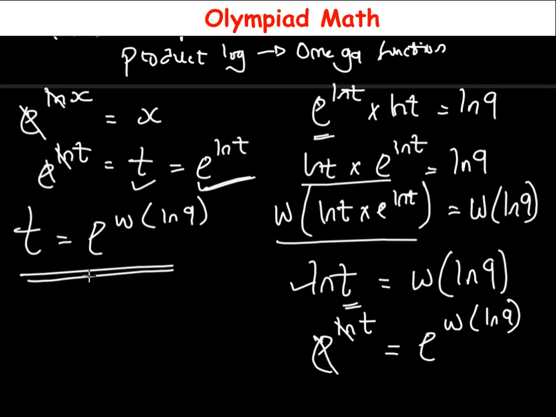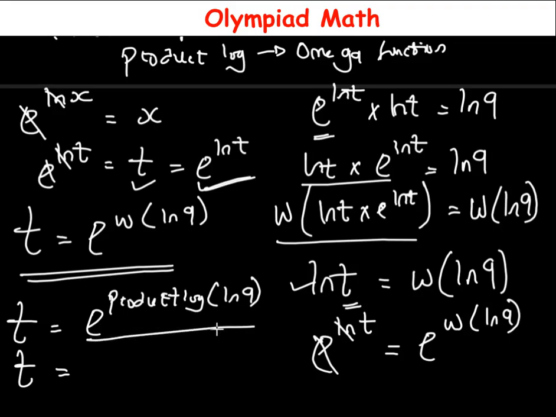But if you are confused as to why the value of t is not a decimal number, in your calculator you will not see the Lambert W function. Instead, you will press product log. If you press product log of ln 9, what you will get as the value of t is 2.4510.